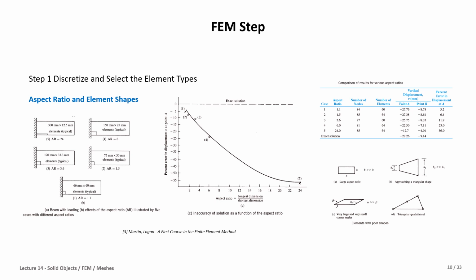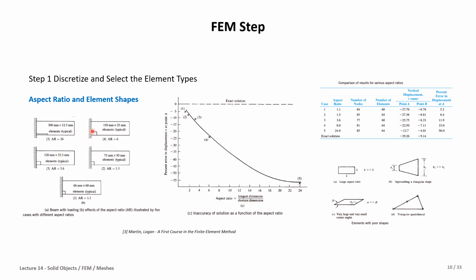The first step is to discretize and select the element type. In this regard, we are facing a definition called aspect ratio. If we look at these few examples, there are different dimensions of the domain, and the aspect ratio is defined as the longest dimension to the shortest dimension.